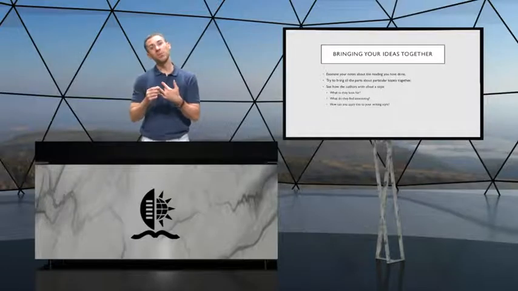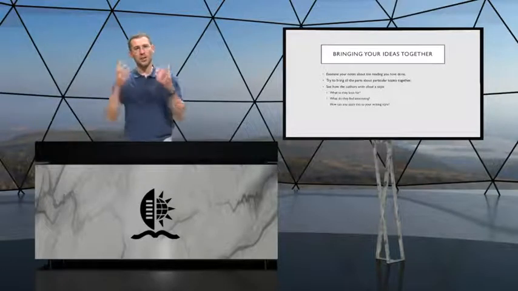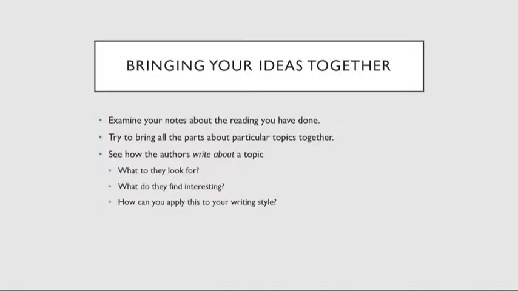And then when you've looked at those things, you can ask yourself, how can I apply this to my own writing style? How can I make it part of the way that I comment about things? This is the value of making notes on a regular basis. If you've made notes carefully and systematically while you've been reading, and you've been underlining things, you will see how authors do things, and you'll also get ideas about how you may be able to do things in your own writing.